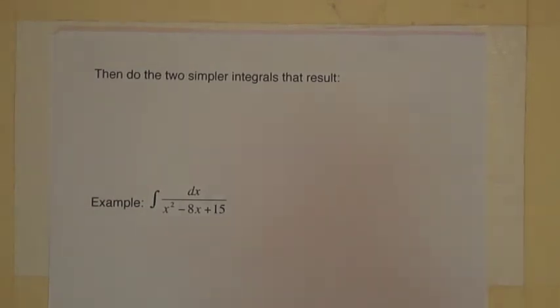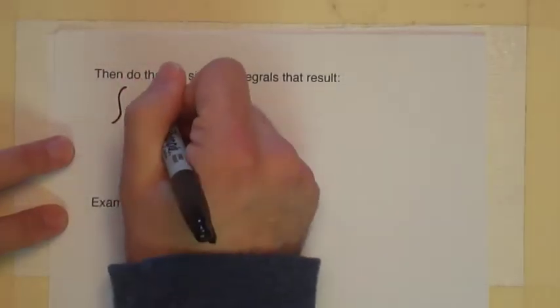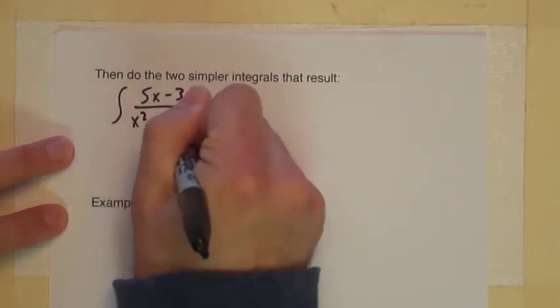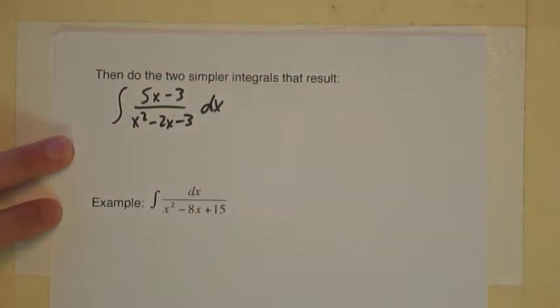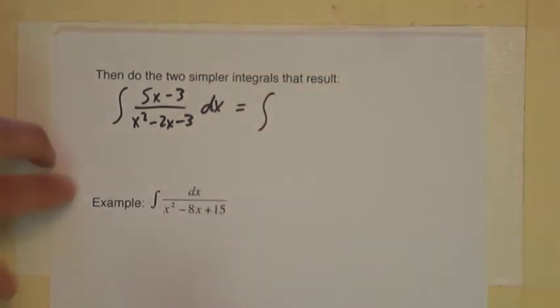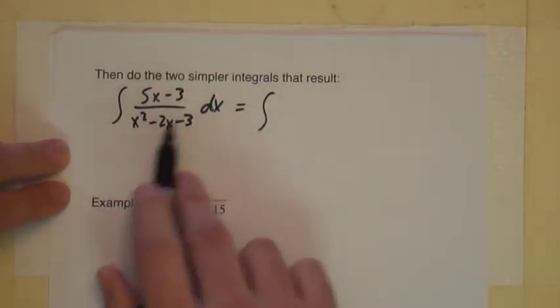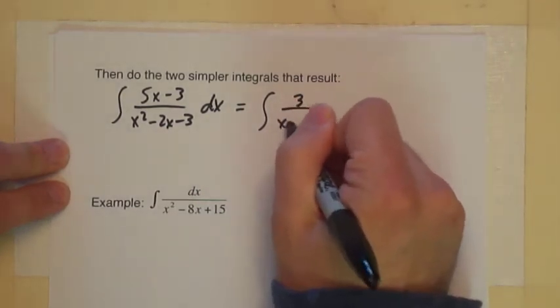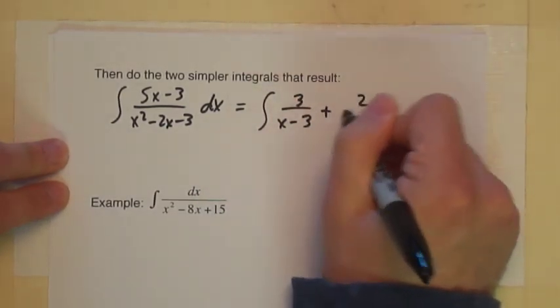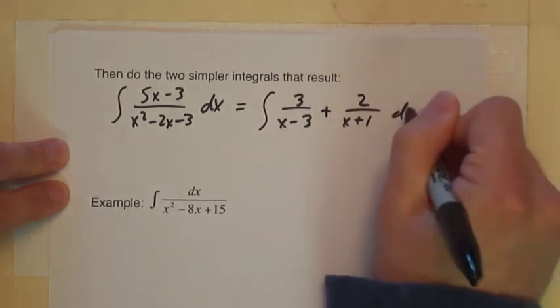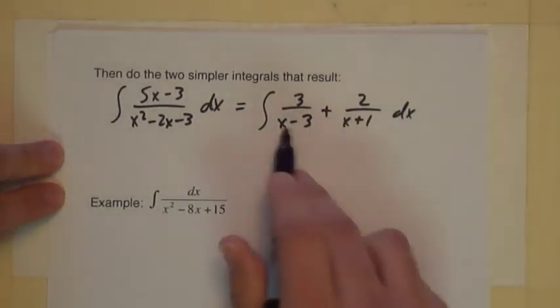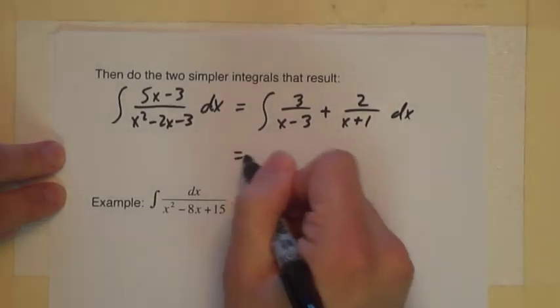So now we know that our original integral, which was this, can now be broken up. When this is broken up into two partial fractions, we get a over x minus 3 plus b over x plus 1, and the a was 3 and the b was 2, and now these two integrals are easy, so we can just do them.